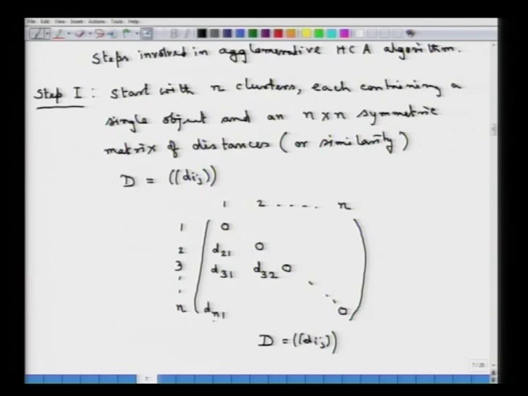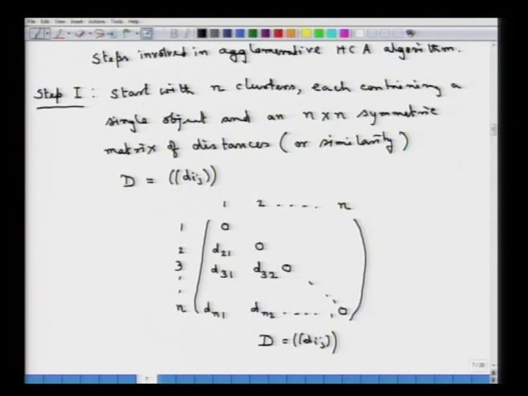So, this is the distance between the nth object and the first object, dn1, then dn2, and so on. This last entry would be dn,n minus 1, the distance between the nth and the n minus 1th object. This is a symmetric matrix, so exactly these entries find their place here, because the distance between 2 and 1 is the same as the distance between 1 and 2.